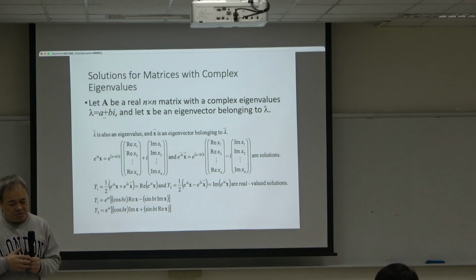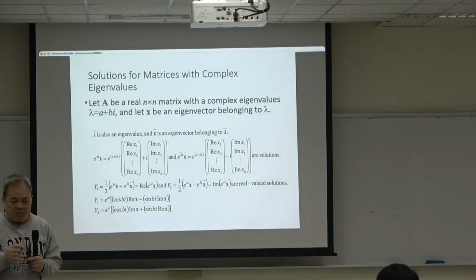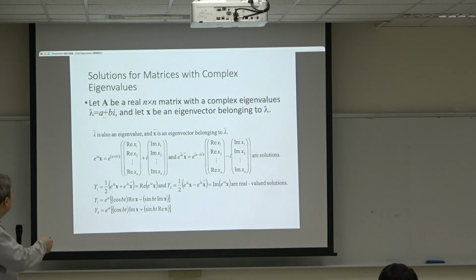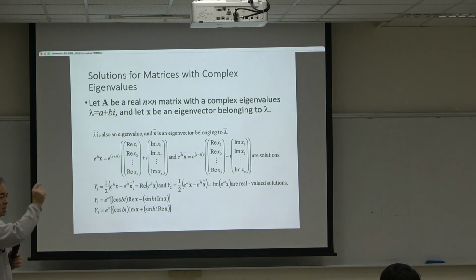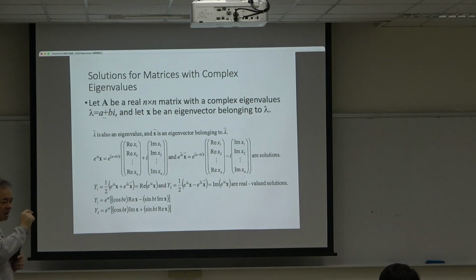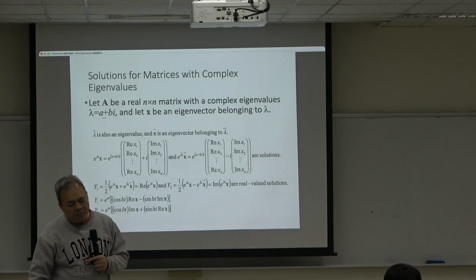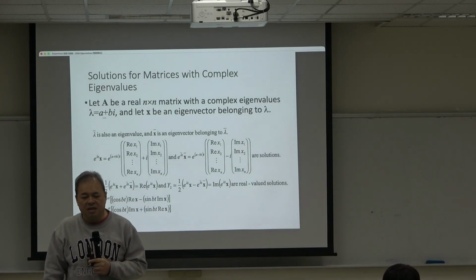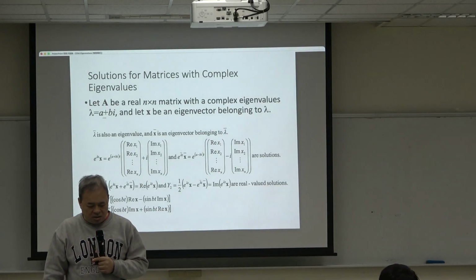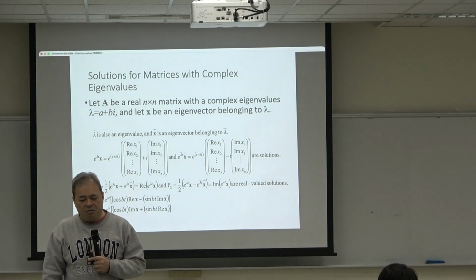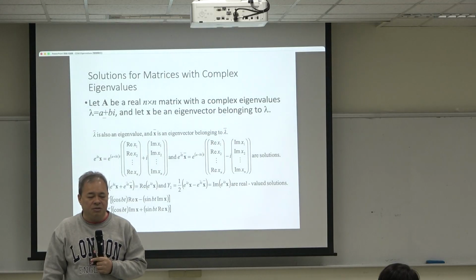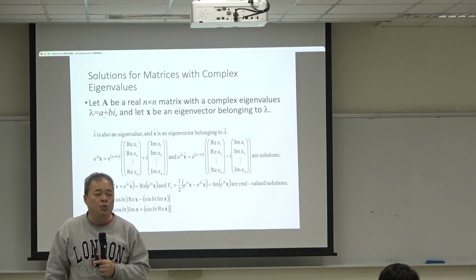If you solve the polynomial to get the eigenvalues, remember the matrix we consider has all elements being real numbers. So obviously the characteristic polynomial's coefficients are all real.